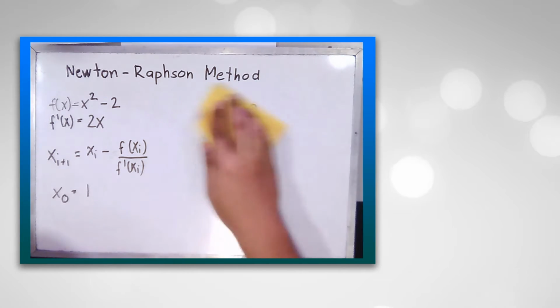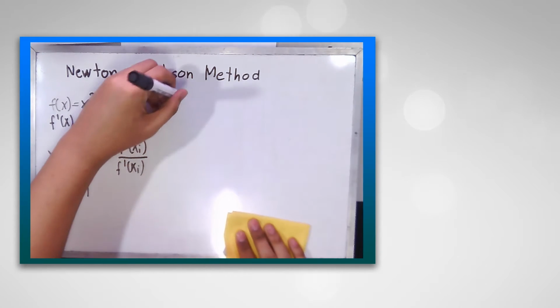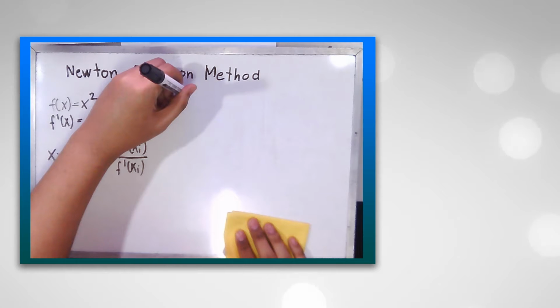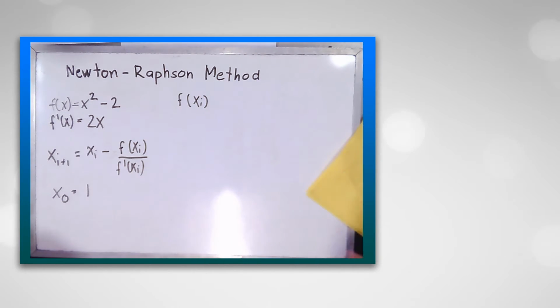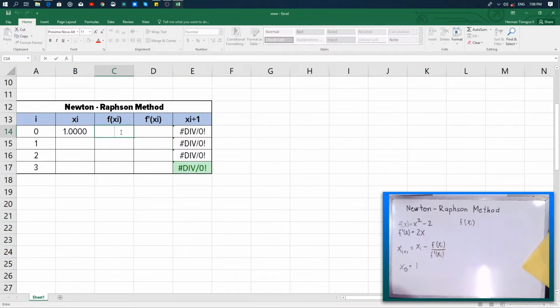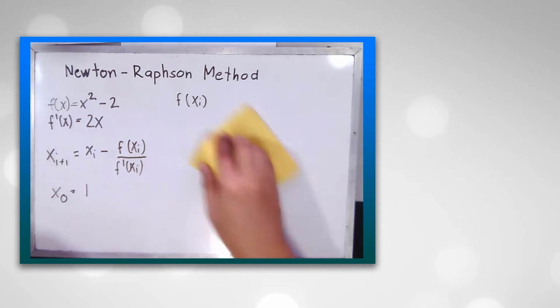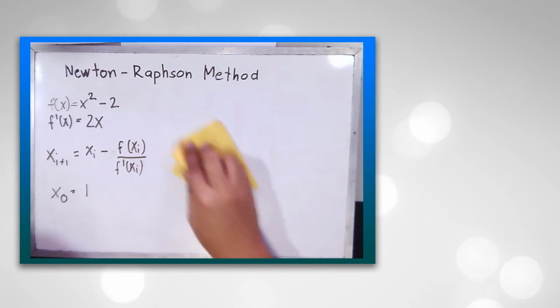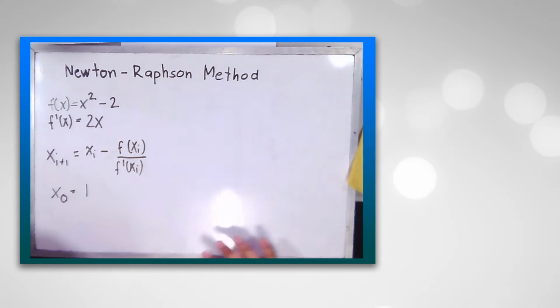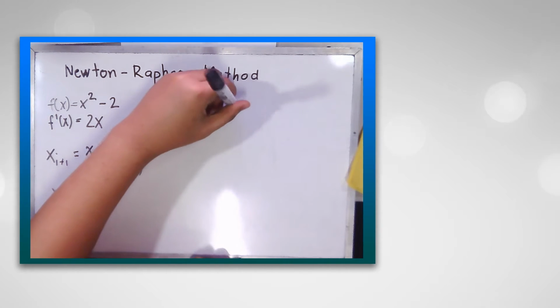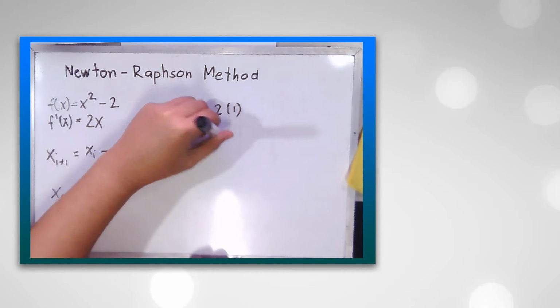So now we have the value for our f of x sub i. Now we will be finding the value of f prime of x sub i using this equation. So 2 times 1 is simply 2.